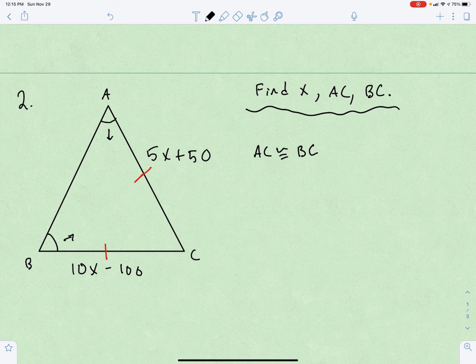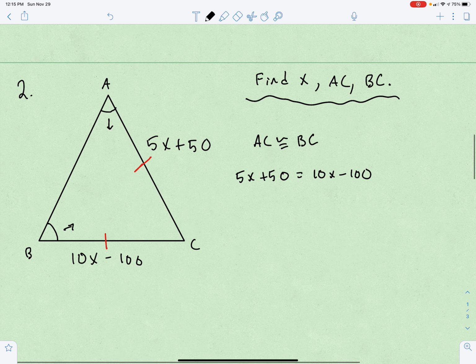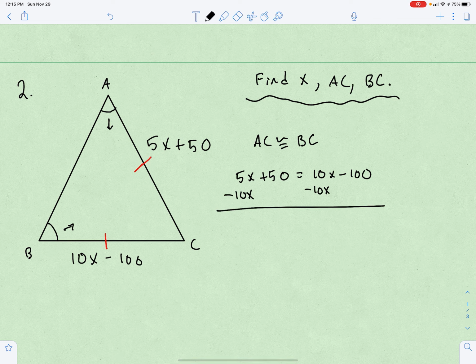Now that I know that, I can set these two things equal to each other. So we got 5x plus 50 is equal to 10x minus 100. First thing I'm going to do is subtract 10x from both sides. All this extra stuff comes down. 5 minus 10 is negative 5x plus 50 is equal to negative 100.